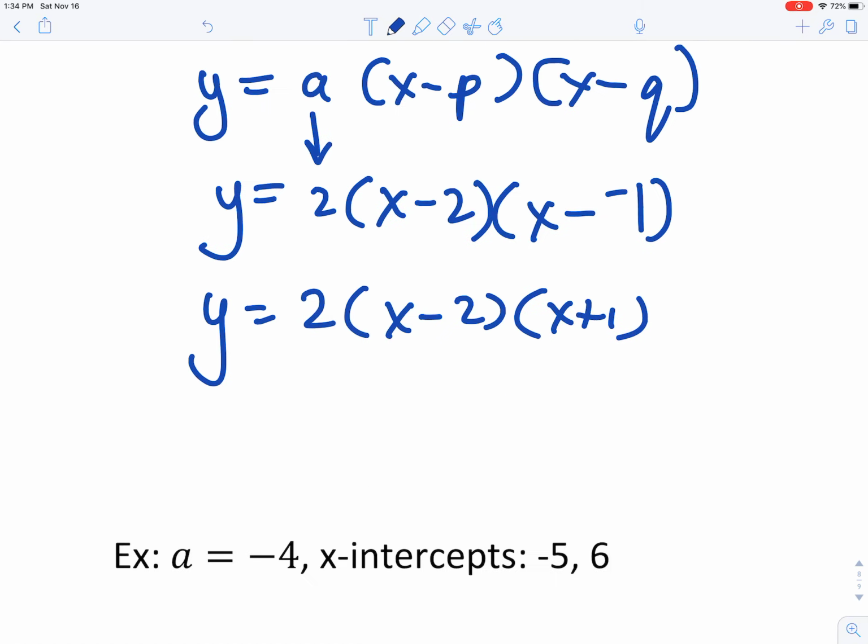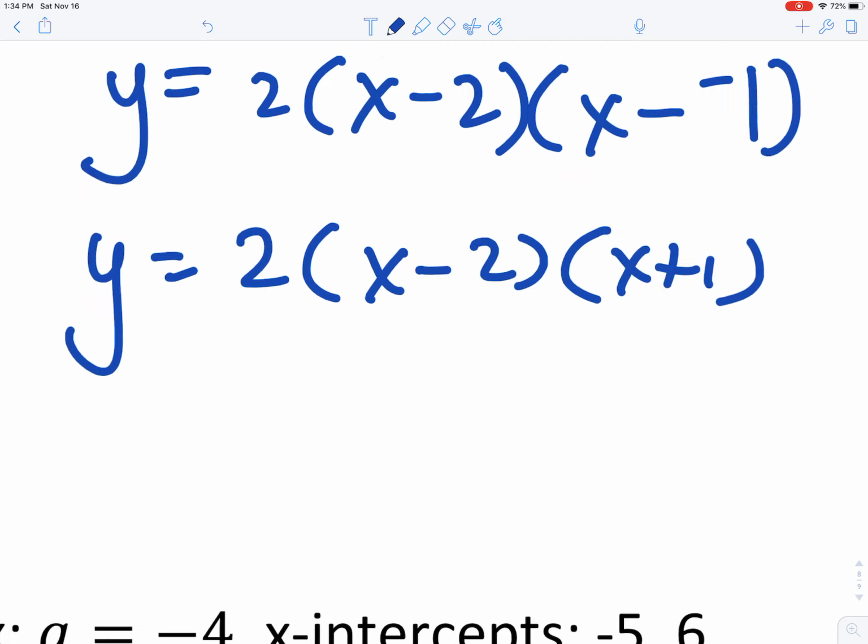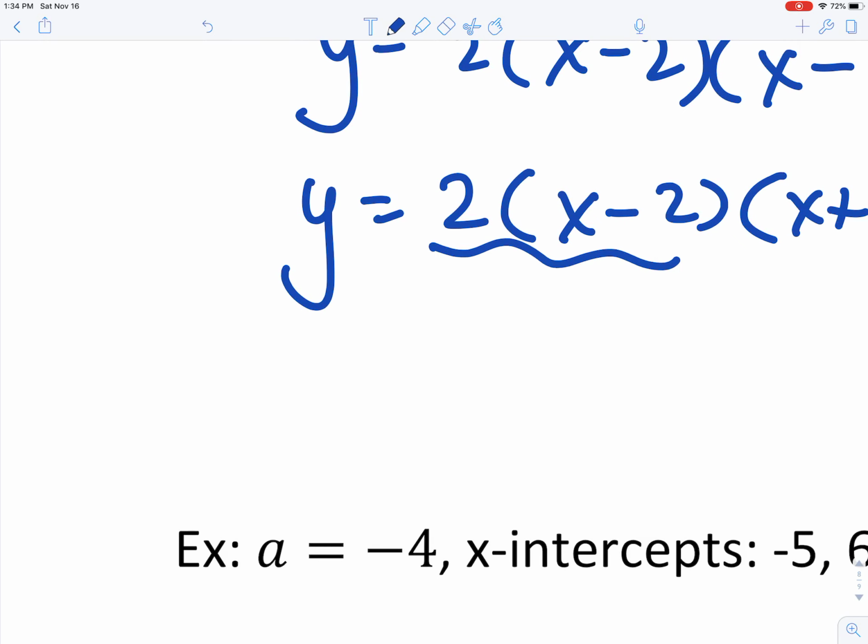And we had problems like this on the last test where we just have to multiply all these 3 things together. So it's up to you whether you want to do these 2 first or these 2 first, or if for some reason someone wanted to do these 2 together first. Okay. I will just do the first 2, just kind of go down in order and get a 2x minus 4.